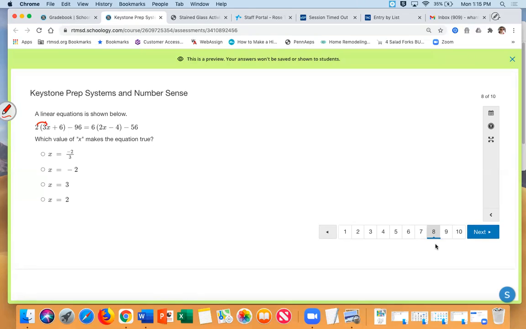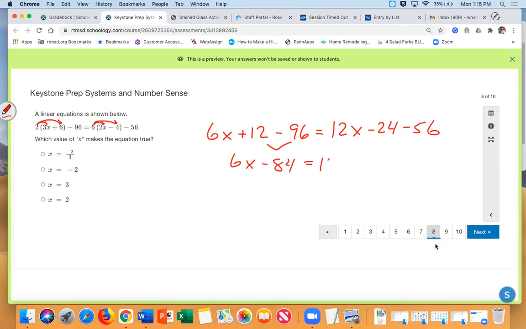So first up, I would distribute that 2, and I would distribute that 6. So I'd get 6x plus 12 minus 96 equals 12x minus 24 minus 56. Start combining like terms. 6x minus 84 equals 12x minus 80.